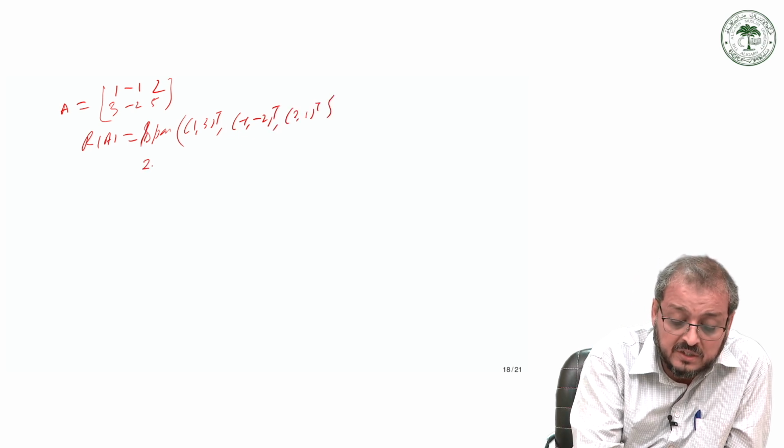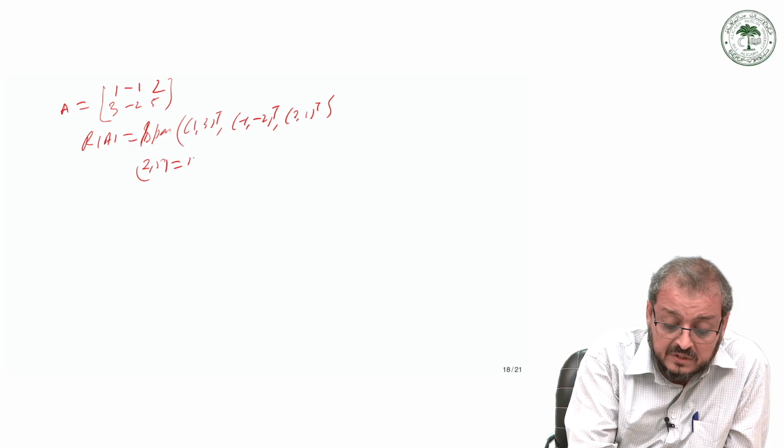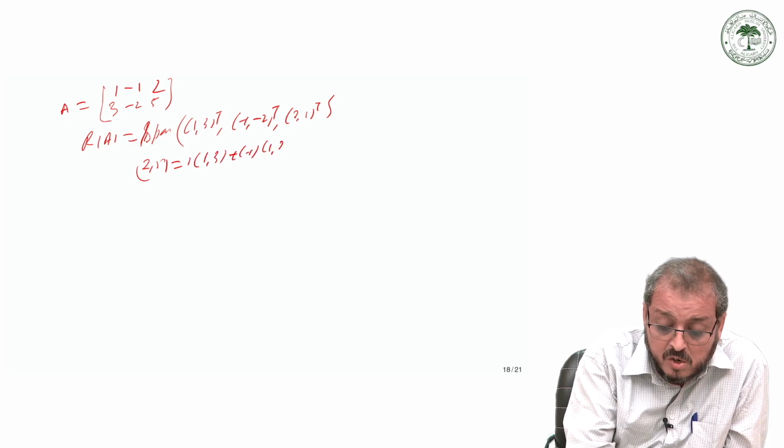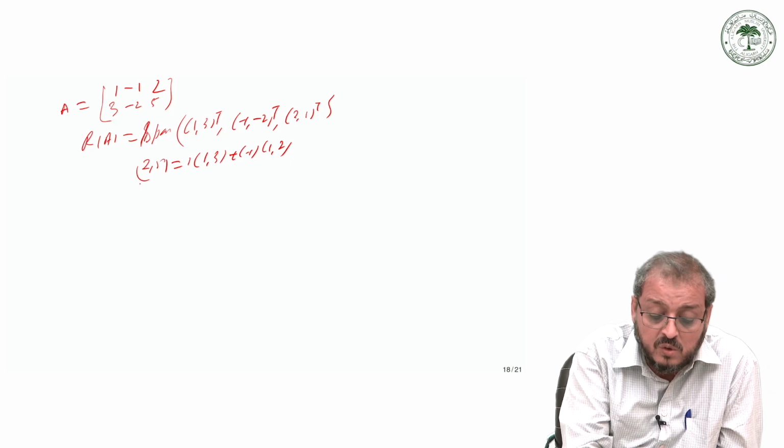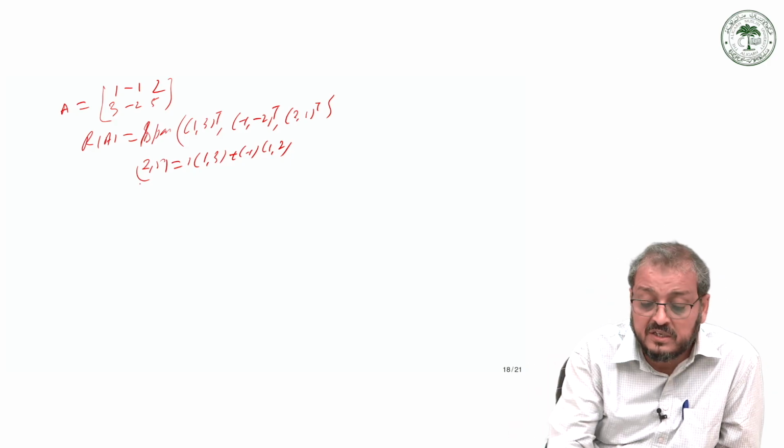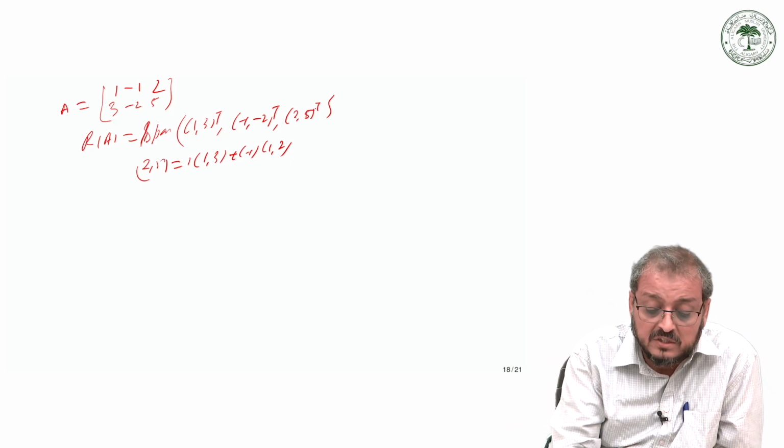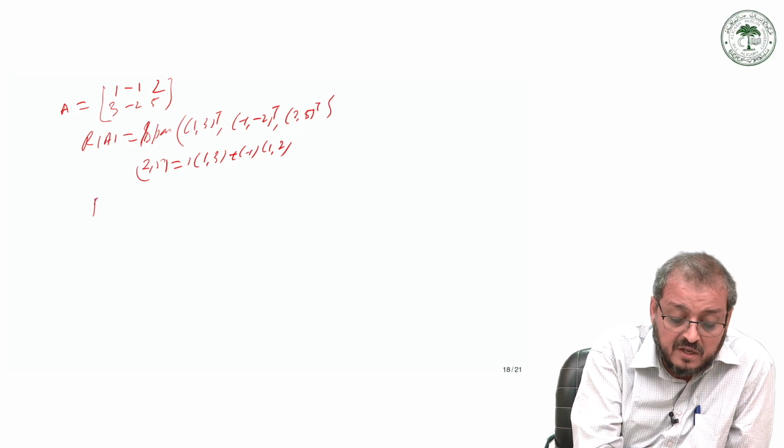Now clearly you see (2, 5) can be written as 1 times (1, 3) plus -1 times (-1, -2), so this is a linear combination of these two vectors. This means these three vectors are linearly dependent.